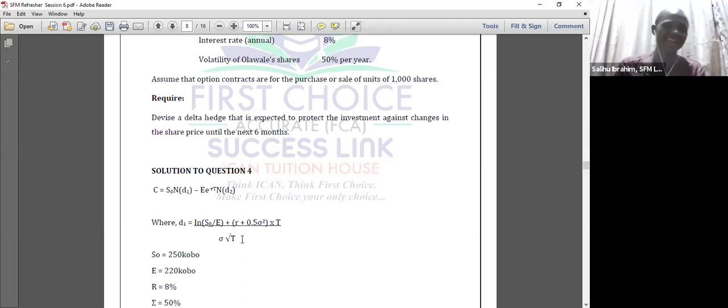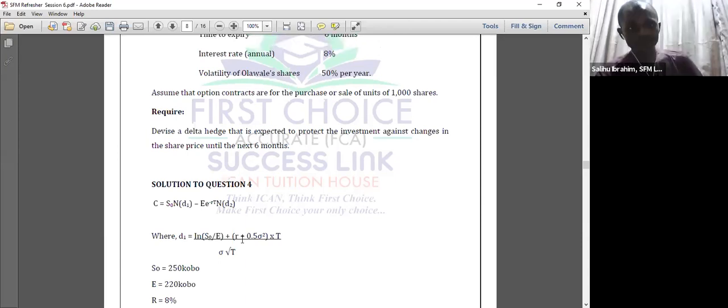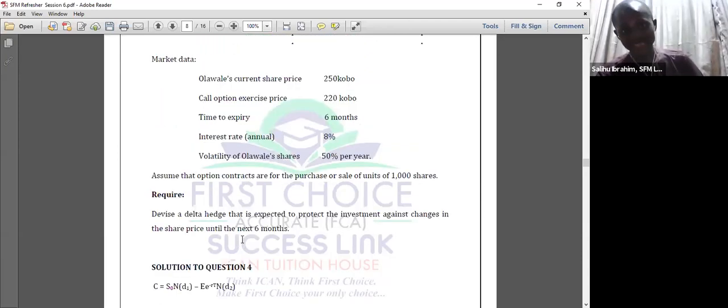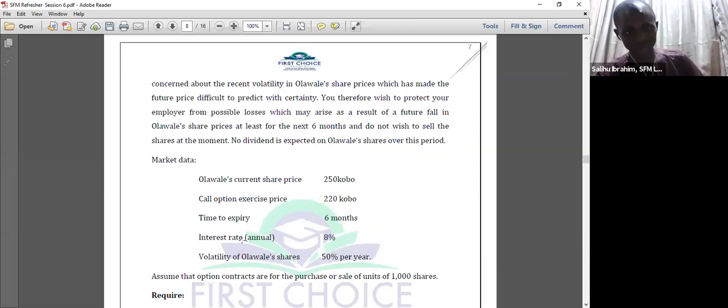Devise a delta neutral hedge. Devise a delta hedge that is expected to protect the investment against changes in the share price until the next 6 months. Okay, we want a delta neutral hedge as well in this question.